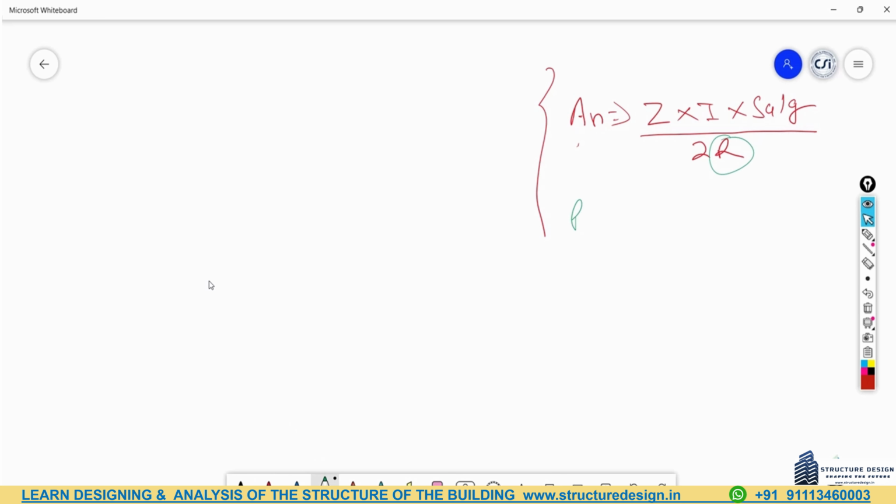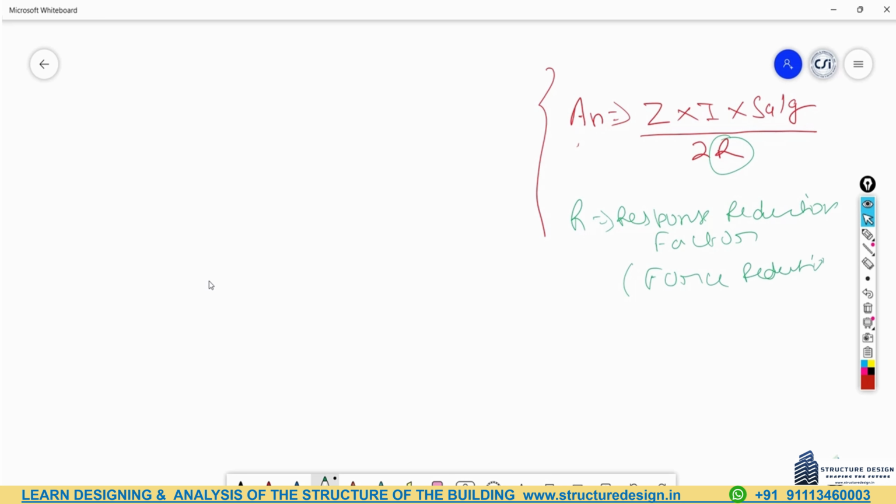So if you look at the calculation here, I will write it out: AH equal to Z multiplied by I multiplied by SA by G, and that has to be divided by 2R. So R is the response reduction factor, and sometimes we also call it force reduction.